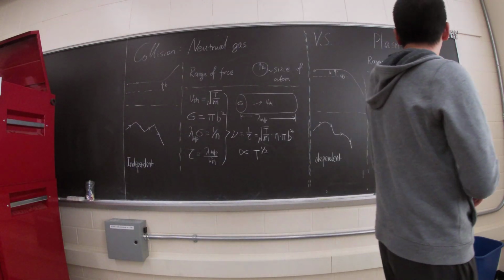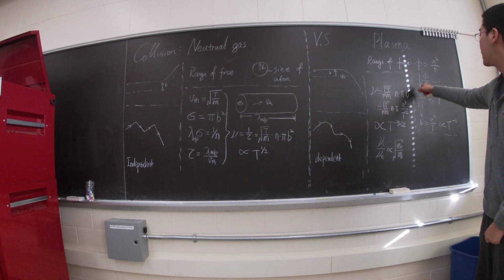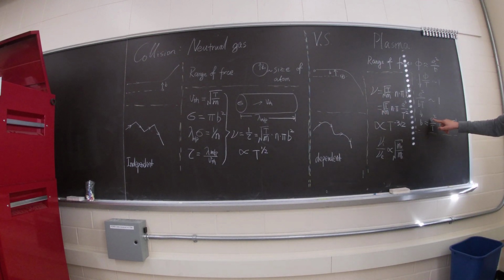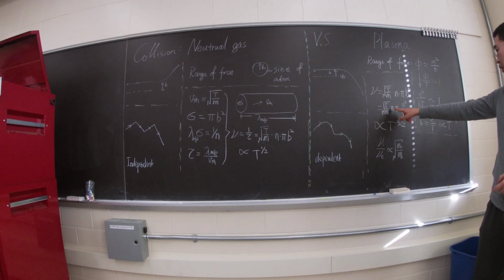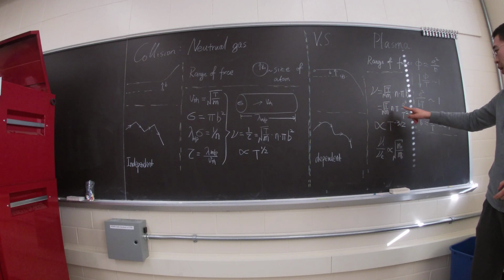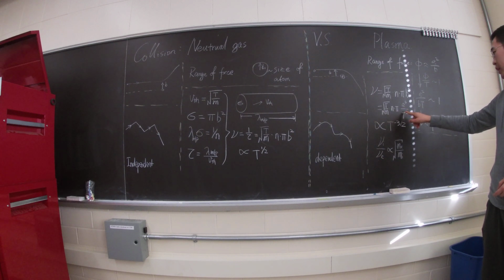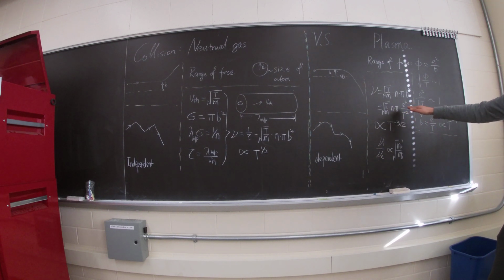On the other hand, for plasma, we use the same formula, but b is different. b is e squared over T. We plug that in. We have square root of T over m times n times pi e cubed divided by T squared. Keep in mind, I'm talking about hydrogen collision.